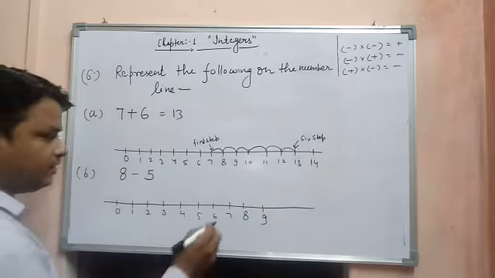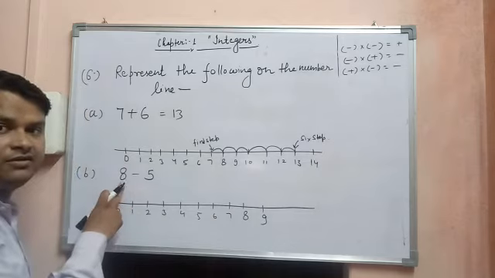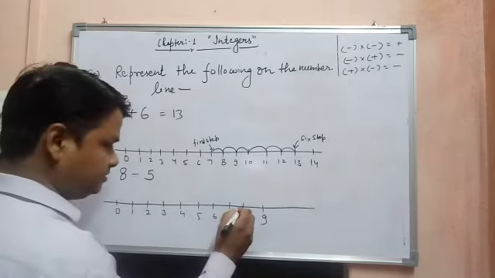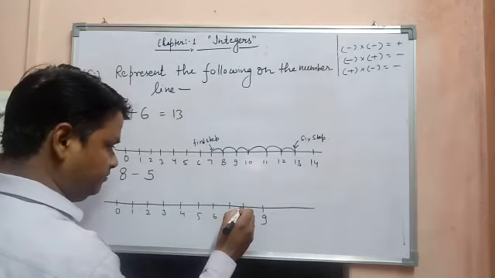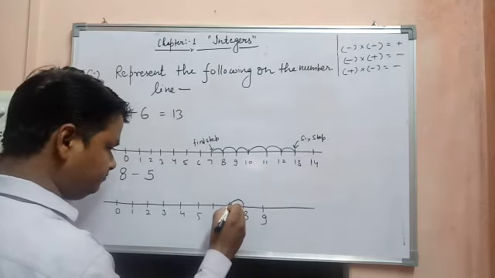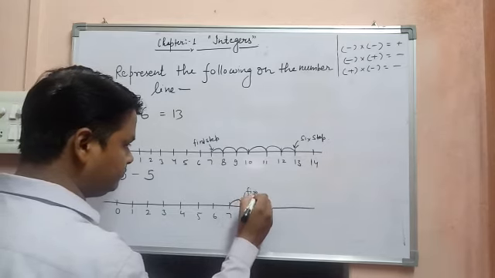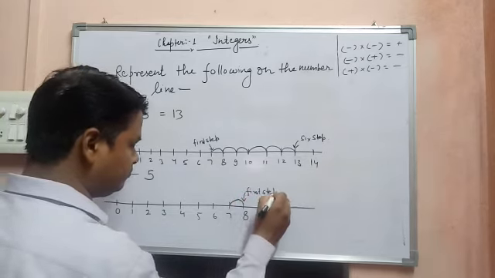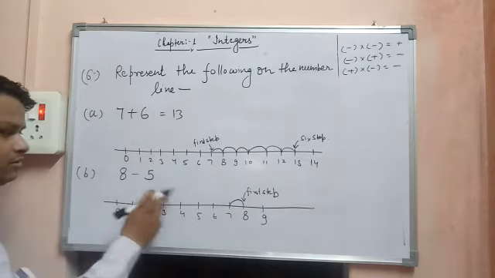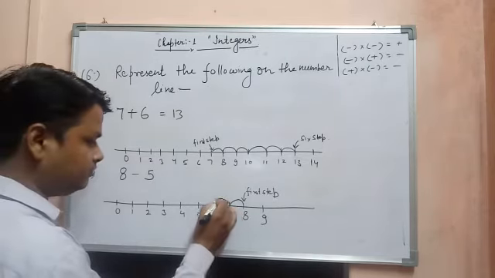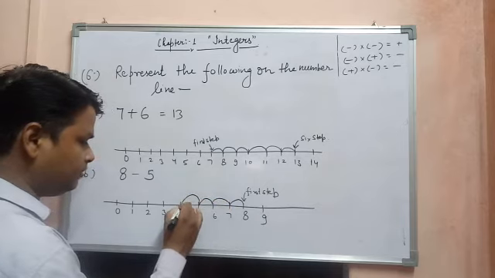Now first of all, you have to subtract 5 from 8. Then your first step is to start from here. This is the first step, and you have to subtract 5. Then 1, 2, 3, 4 and 5.